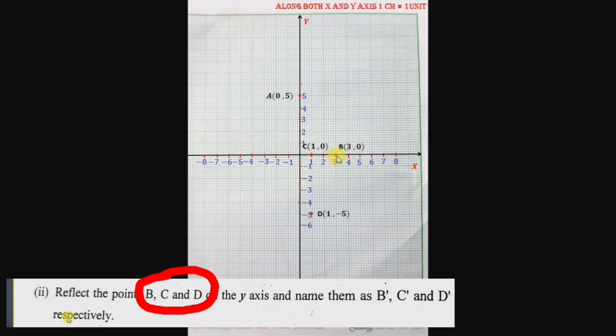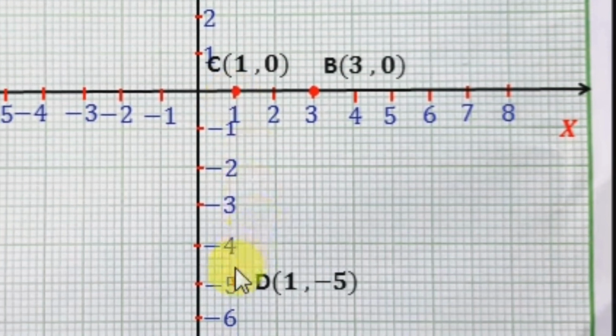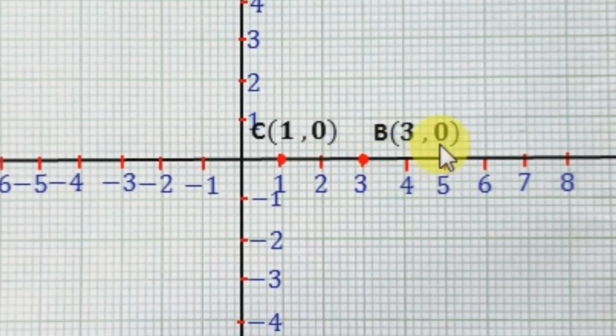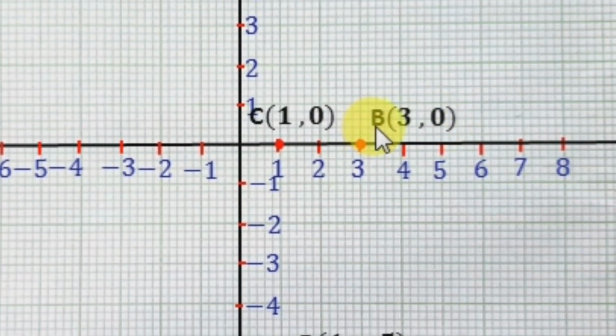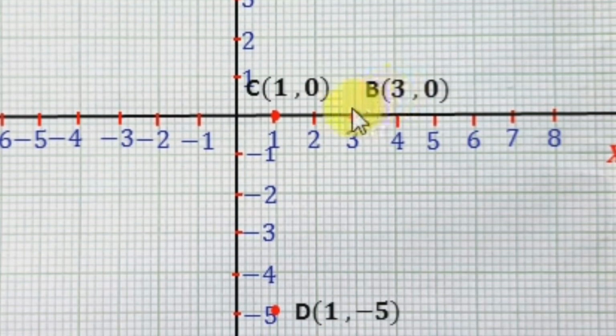Sub number 2, reflect the points B, C and D along the y-axis. Y-axis means the value of y will not change. So for B, y is 0, and +3 becomes -3.